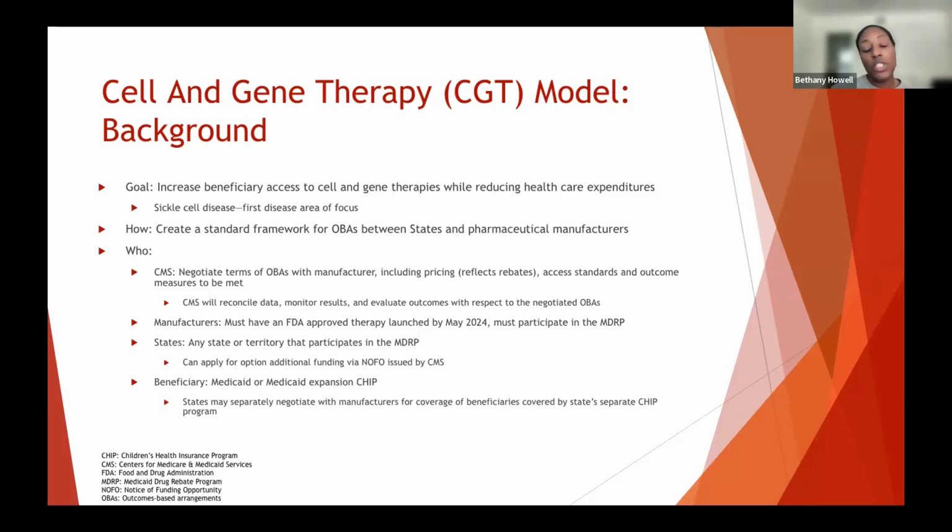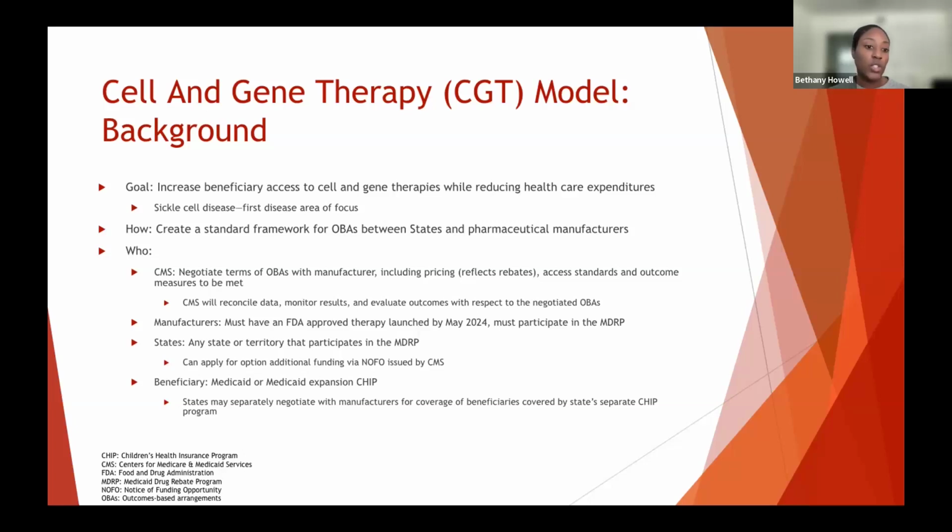So it's important to talk about the key players. So who's going to be involved in the negotiation, who the beneficiaries are. So CMS will negotiate the terms of the outcomes-based agreements with the manufacturers. That includes pricing, so rebates, access standards, and outcome measures to be met.